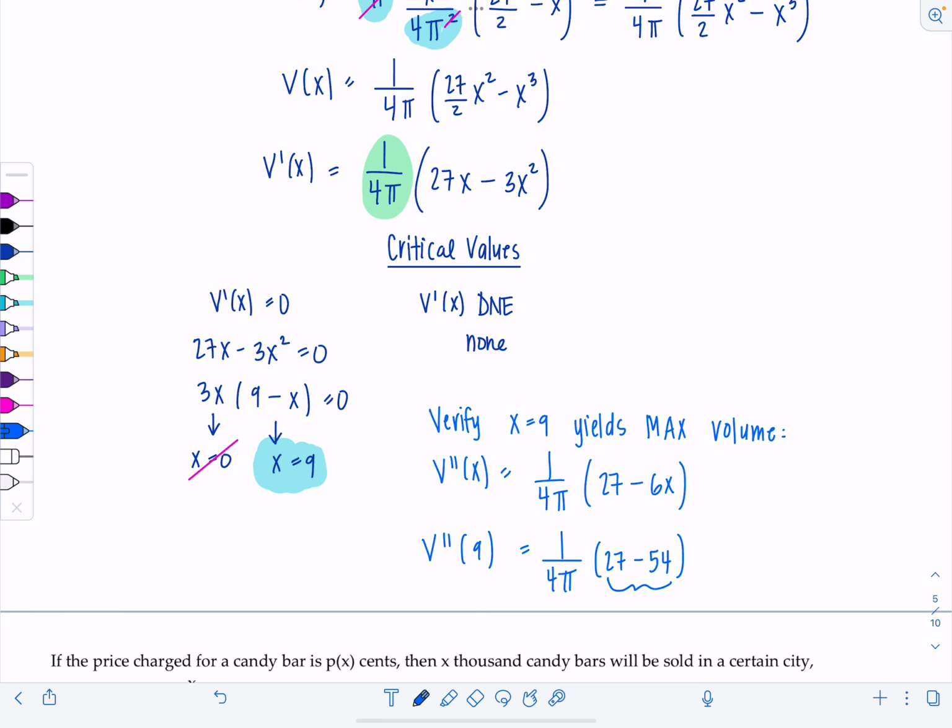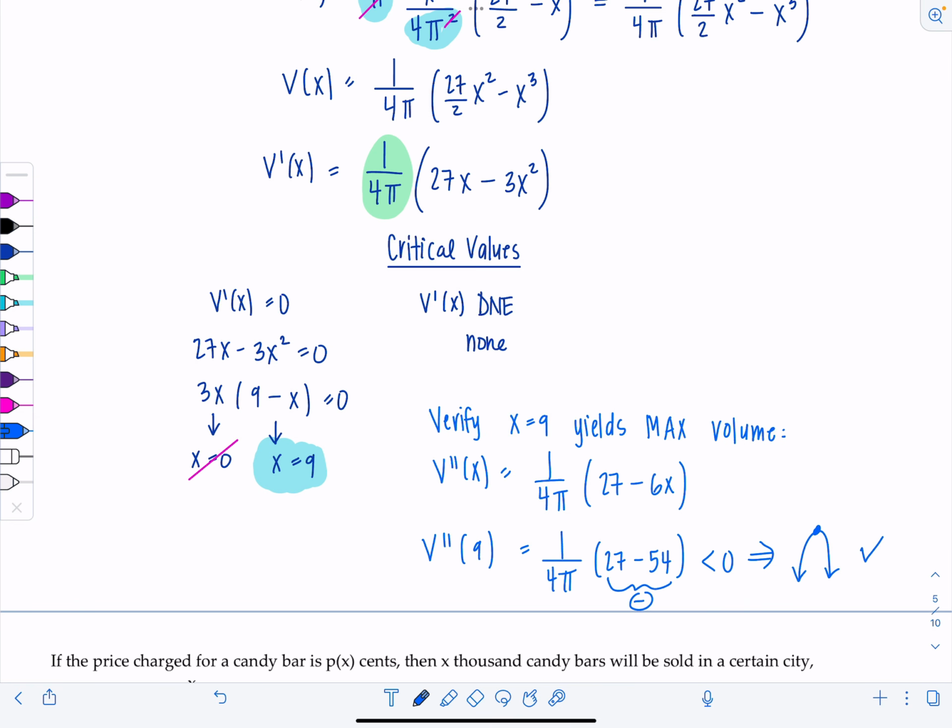So I know that's negative times 1 over 4 pi, this is less than 0. So that means the volume function is concave down at that critical value of 9, so it yields a max. So we're good.